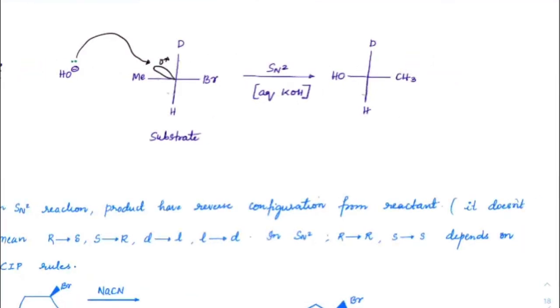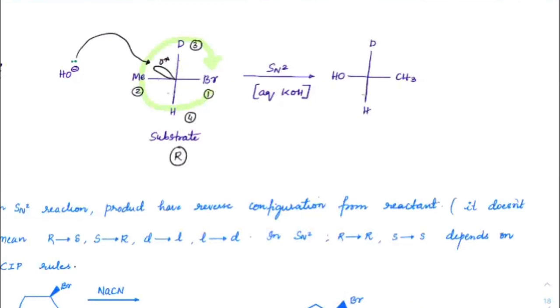See the priority. According to CIP rules, the priority of bromine is 1, then methyl, deuterium, and hydrogen is 4, right? So you can see that it is going through 1, 2, 3, which means it is a clockwise rotation here. So if it is clockwise rotation, it is R configured.